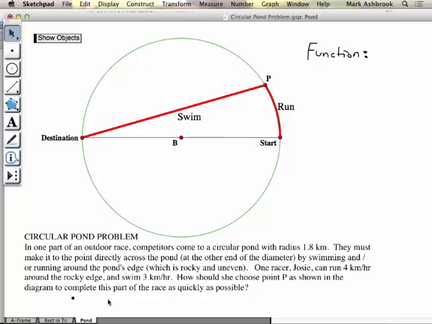Here's the key. She wants to complete this part of the race as quickly as possible. What's the gist? This is all you need to focus on.